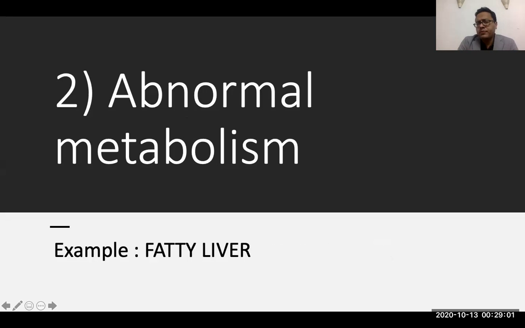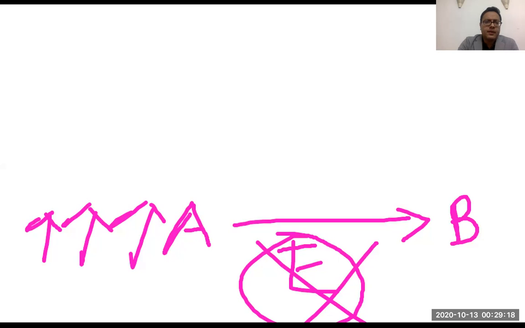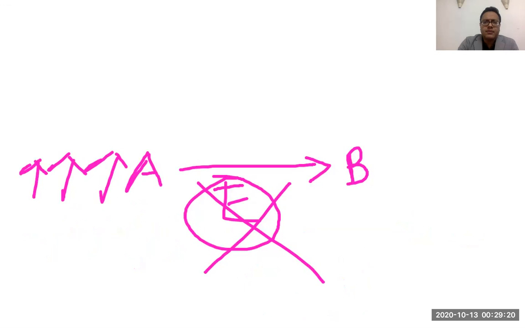Mechanism number two is an abnormal form of metabolism that could also lead to abnormal intracellular accumulation. A classic example is fatty liver or steatosis. Let me again go to the whiteboard to explain this. Suppose this is a hepatocyte.